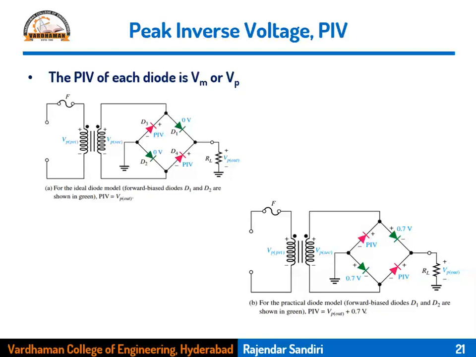Across each diode it will share equally, because all four diodes are identical and their cut-in voltages are the same. Therefore everything is shared among these diodes. The entire PIV will be 2 Vm, but for each diode the peak inverse voltage will be Vm.